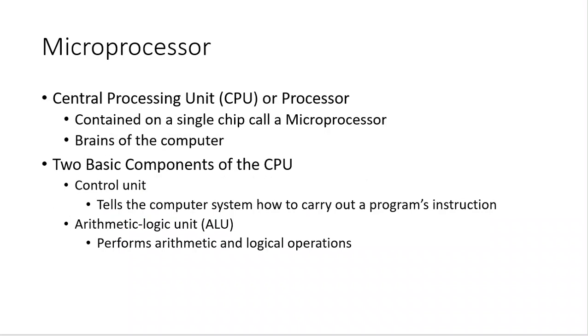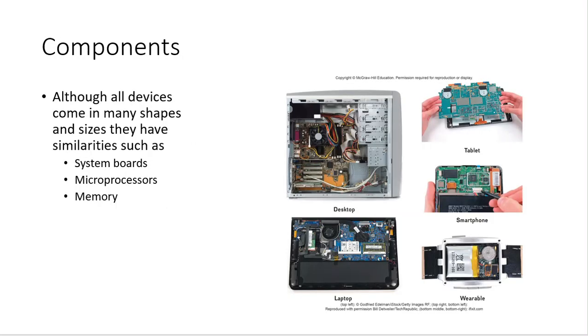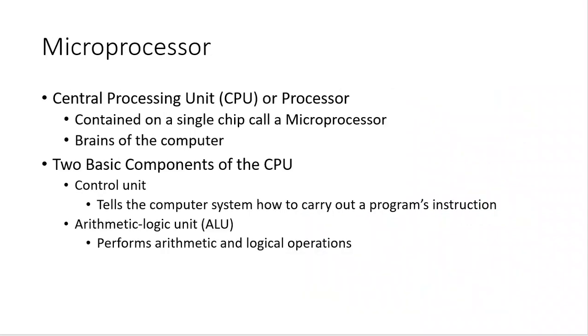Microprocessor. Okay, tadi kalau masih ingat, ada 3 benda yang walaupun berbeza, komputer tu dalam berbeza saiz, komputer, laptop, tablet, telefon, dia mesti ada motherboard, system board ataupun motherboard dan microprocessor. Yang keduanya adalah microprocessor. Okay, dia mesti ada 3 benda ni, system board, microprocessors dan memory.